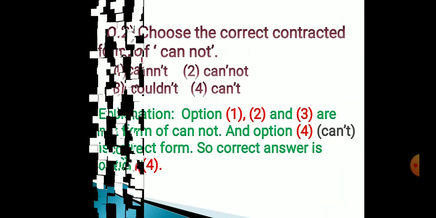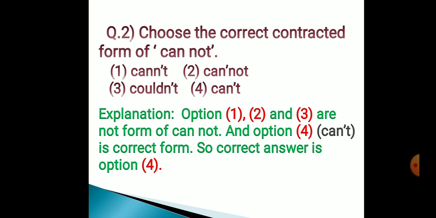Next question. Choose the correct contracted form of cannot. Cannot, can't. Option 4 is the correct answer.